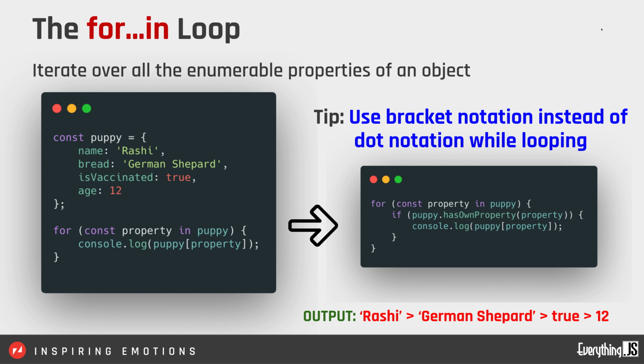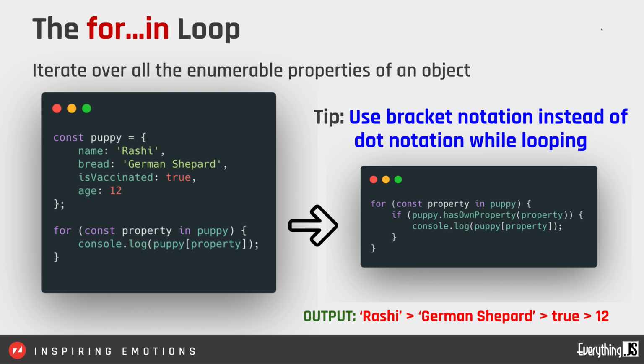Then whenever you iterate through the puppy object, it will go through all the properties of that object, and it won't finish there. It will go through all the properties of the parent, and then again it won't stop. It will go through the properties of all the parents up to the Object level, unless you do this.